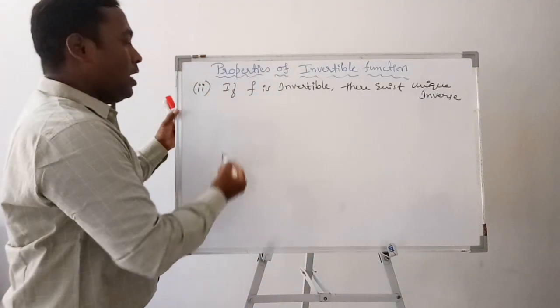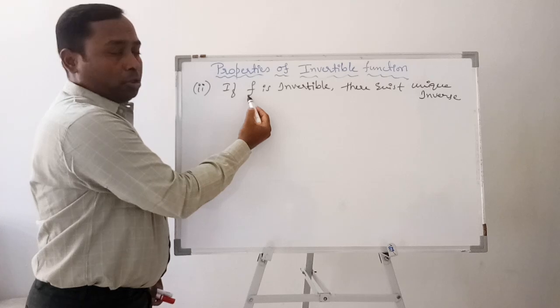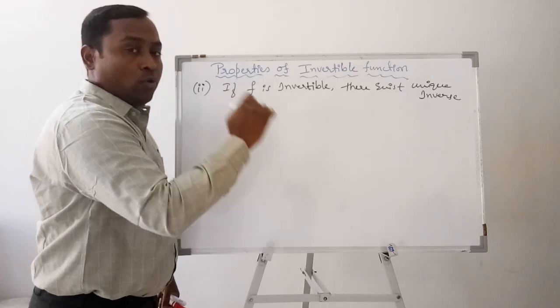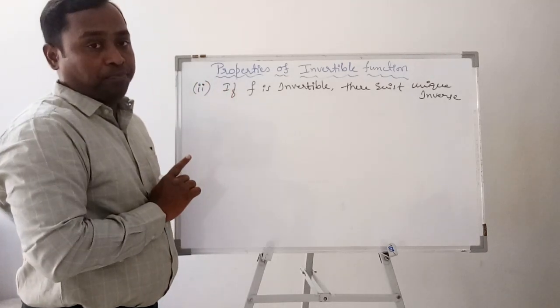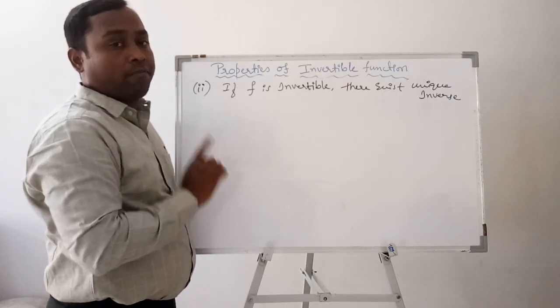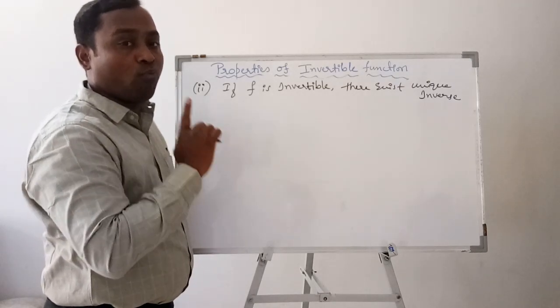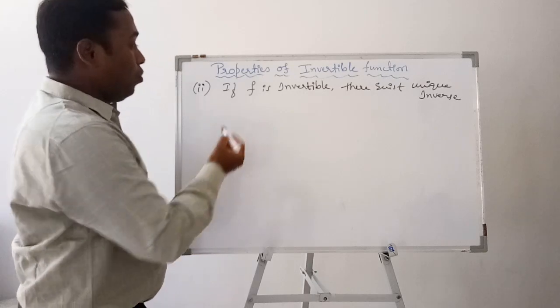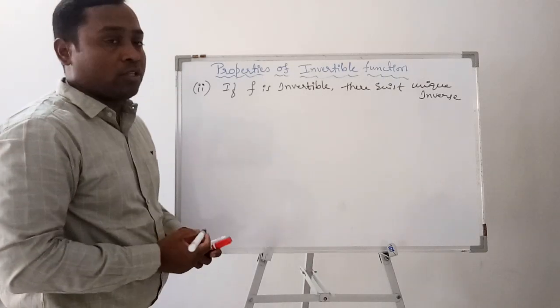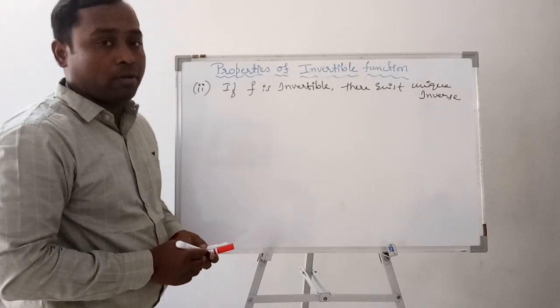It means that every invertible function has one and only one inverse. Every invertible function has one and only one inverse. So this is an important property of invertible functions.